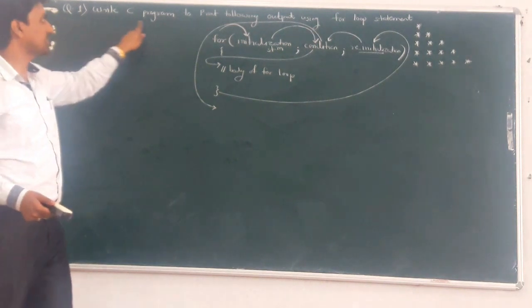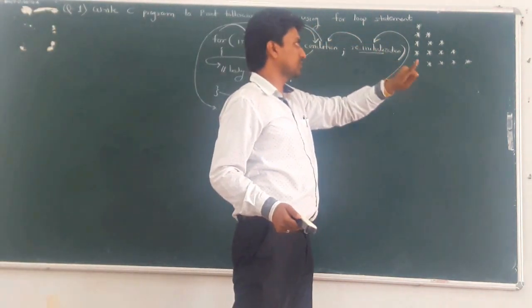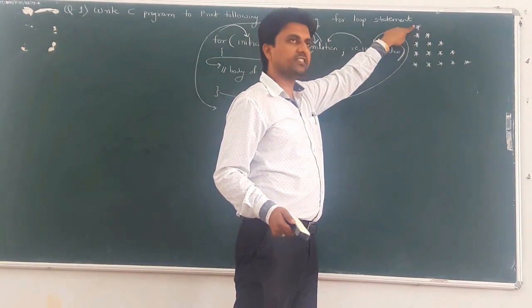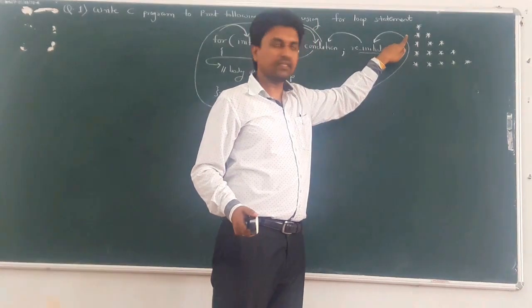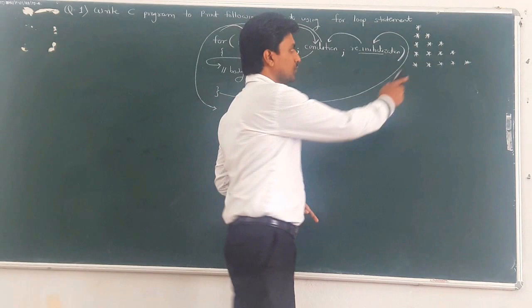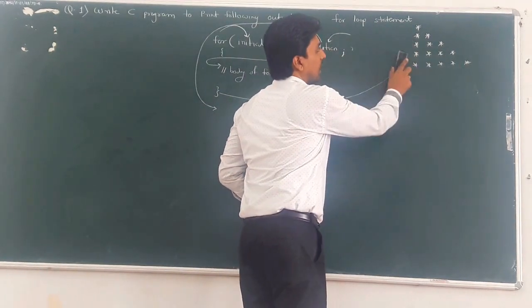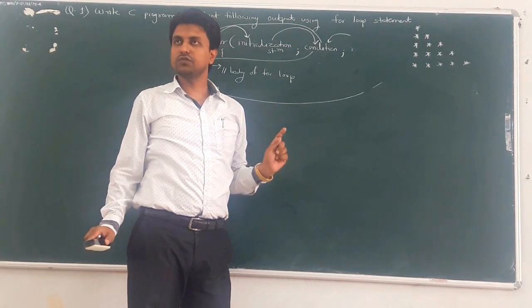Next, now the problem statement based on the for loop. The problem statement is: write a C program to print the following output using the for loop statement. So what is the output? Print a star once on the first line, 2 times on the second line, 3 times on the third line, and 5 times on the fifth line. This is the output. We want to print this output on the console using a for loop. So what is the logic?